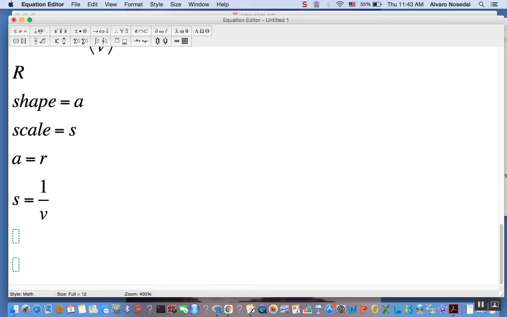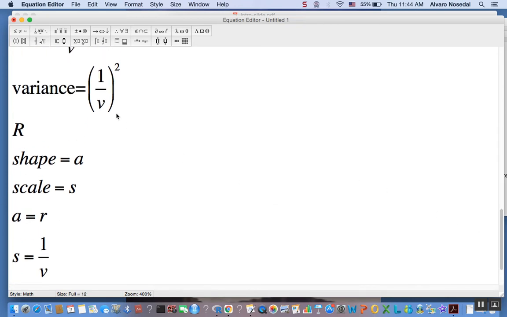This is going to be important when we interpret what we see when we study the behavior of the PDFs as v changes.